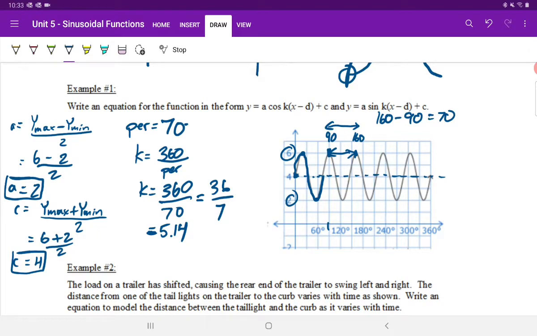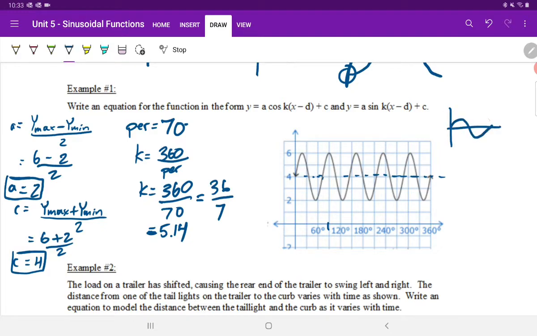Now we need to figure out which function we want to use. So let's clean up my graph here so we can see better. I know that the sine function starts at the equation of axis, just like this graph does, and that's without any phase shift, so that's not moving it left or right.